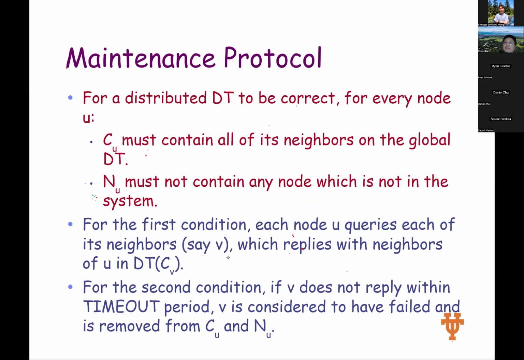A maintenance protocol will keep sending neighbor set requests to the local DT neighbors, receive potential neighbors from local DT neighbors, and update the local candidate sets. They will keep doing that just like the join protocol. Like everyone will run the join protocol periodically. And in the end, the maintenance protocol can converge. All right.